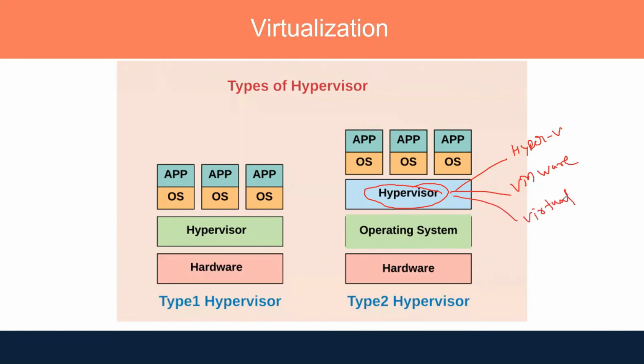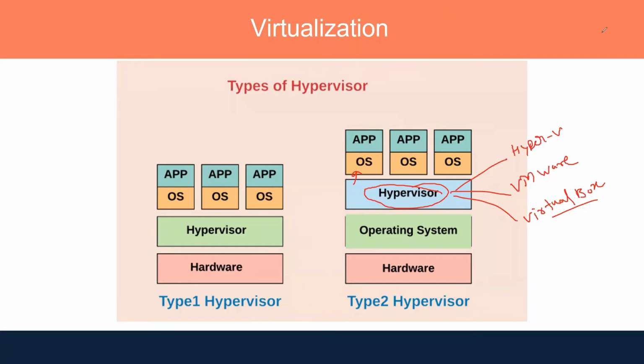These are examples of hypervisors. And on top of this, we will again install the operating system. For example, you already have Windows 11, and on the hypervisor, you can install Windows 7. And then on Windows 7, you can install any application, like Java.